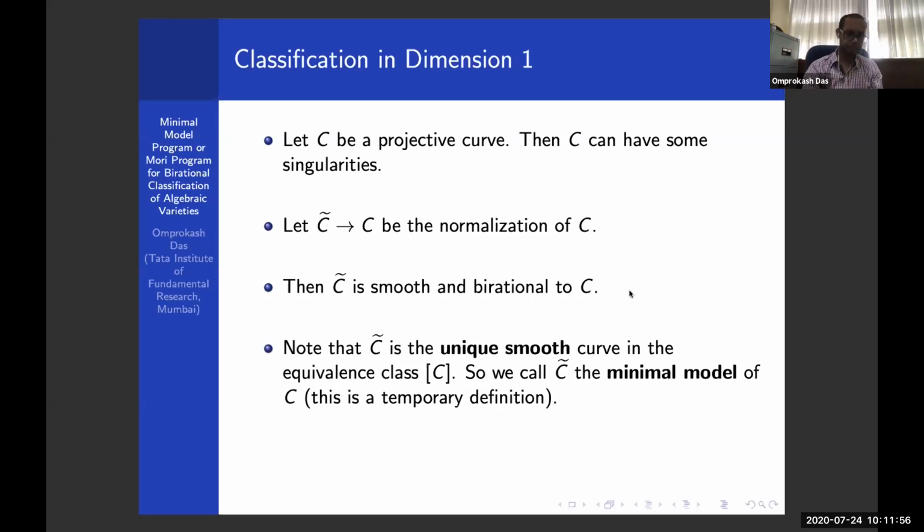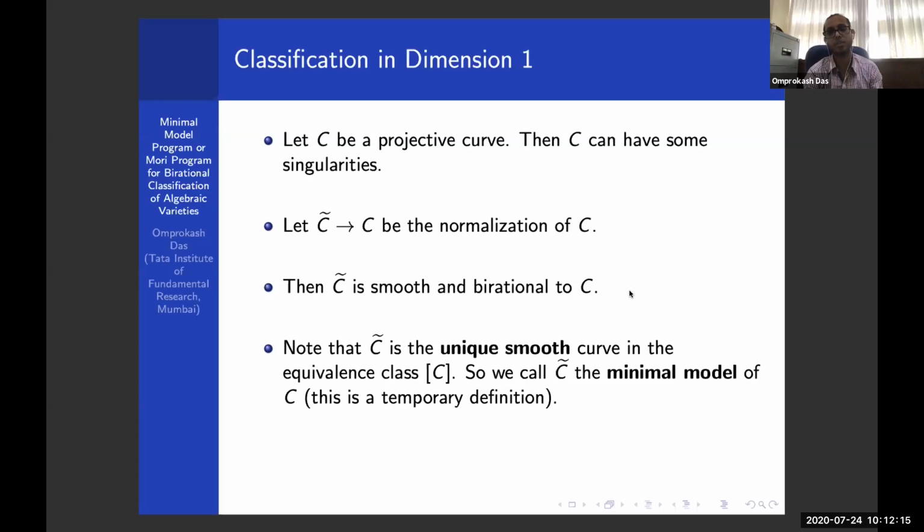Not only that, it is a very specific thing about dimension 1 that for any two smooth projective curves, if they're birational, they're isomorphic, which means that C tilde is the unique, the only smooth projective curve within that equivalence class.